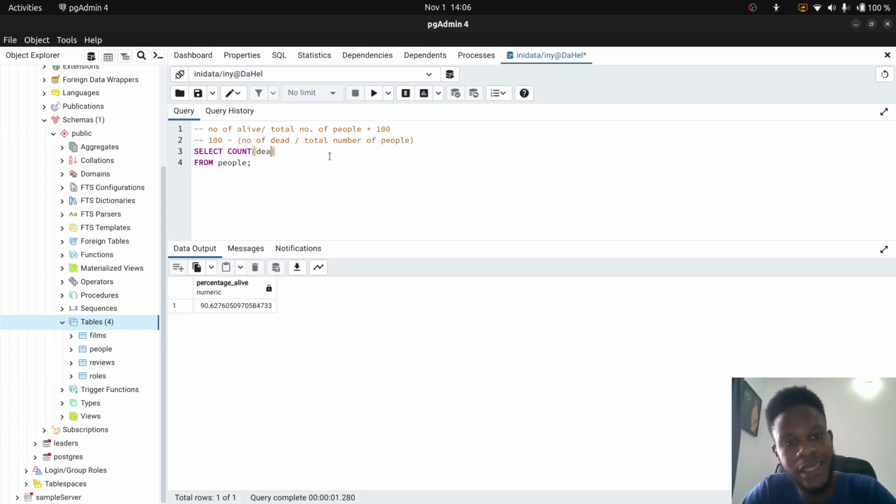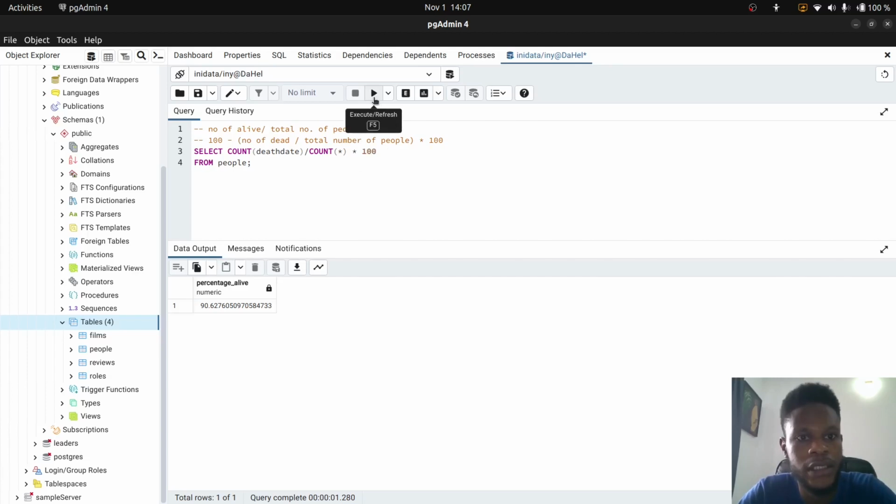So count death dates, divided by count total number of people. Forgot to add the times 100 since we want to find the percentage. So that formula will include times 100. Yeah, let's multiply this by 100.